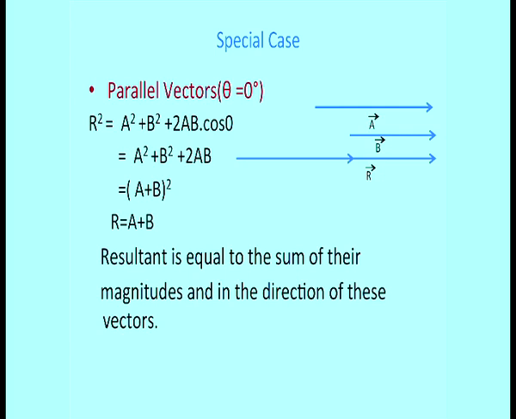So, this becomes A square plus B square plus 2AB cos 0, and cos 0 equals 1. Hence, we can write R square equal to A square plus B square plus 2AB, which is equal to (A plus B) whole square. That means R equals A plus B. So, if we calculate the resultant of two parallel vectors, then the resultant is equal to the sum of their magnitudes, and the direction is along the two vectors, that is A and B.